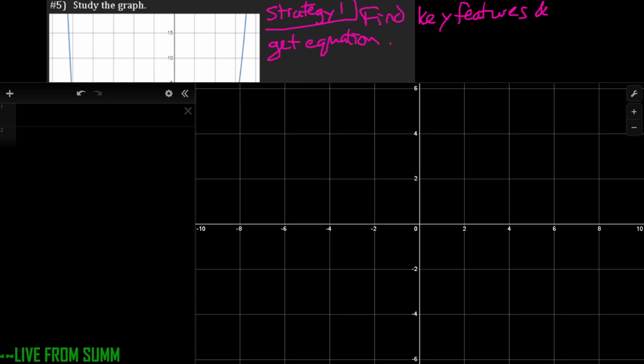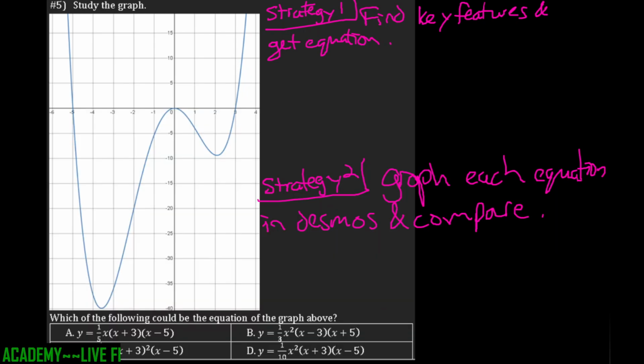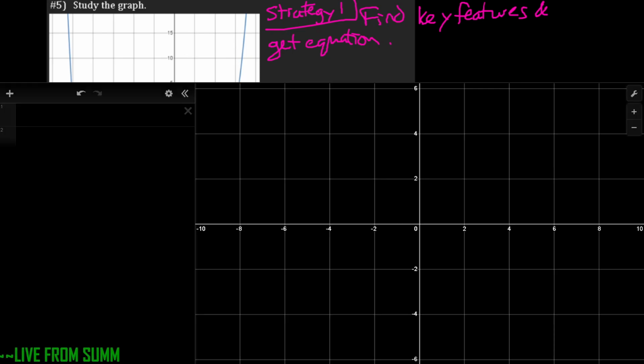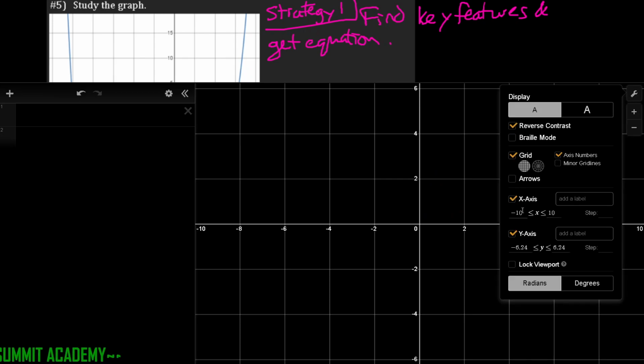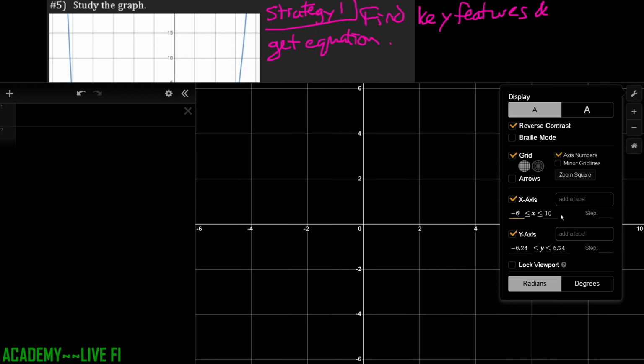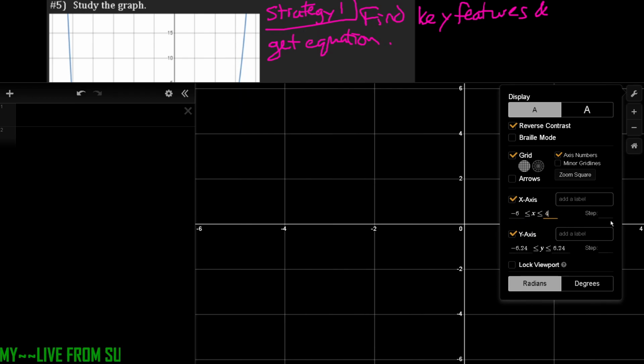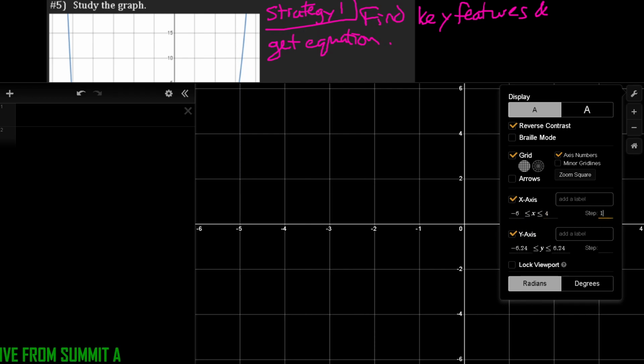In our problem, our x-axis goes from -6 to +4, and it counts by ones. So let's do that first. Click the little wrench in the top, x-axis from -6 to +4, count by ones. Let me double check.